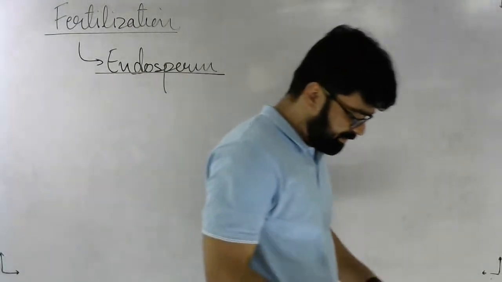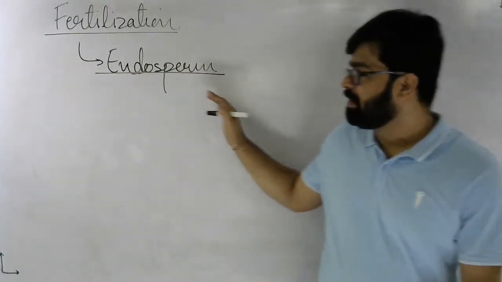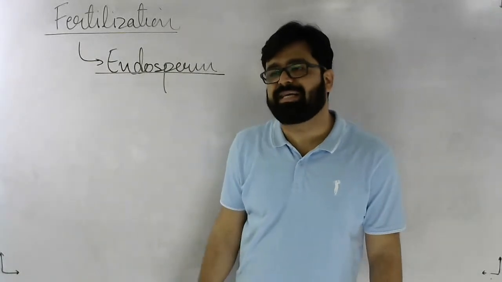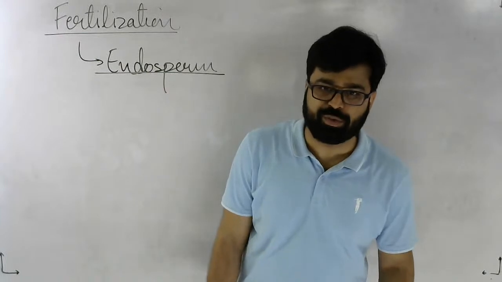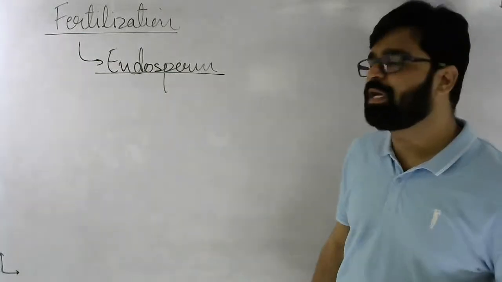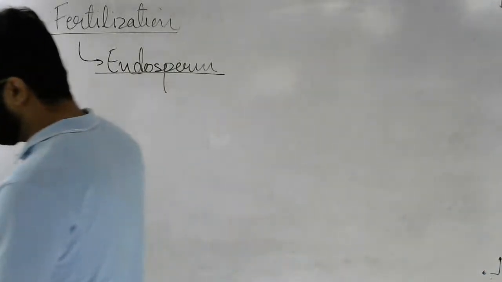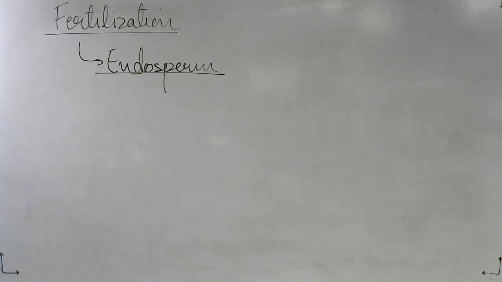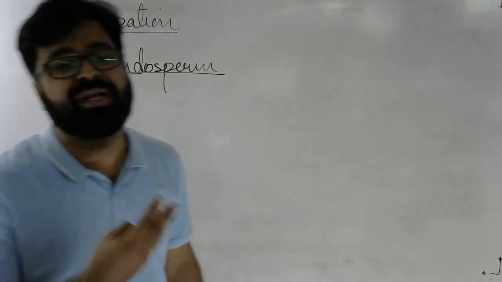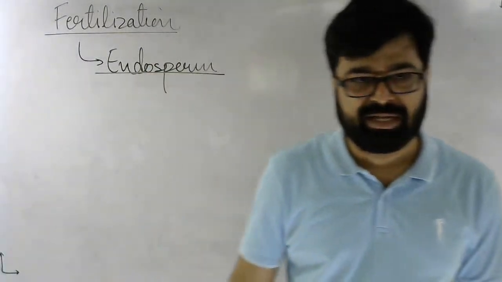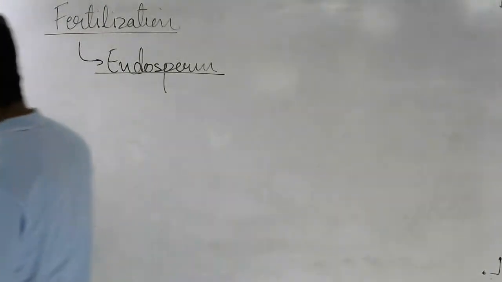Endosperm formation, right? I have just told you that it is triploid. So basically it's a nutritive tissue. It will provide nutrition to the growing embryo, right? Now, again, this endosperm is of three different types in different plants. Let us discuss their type.